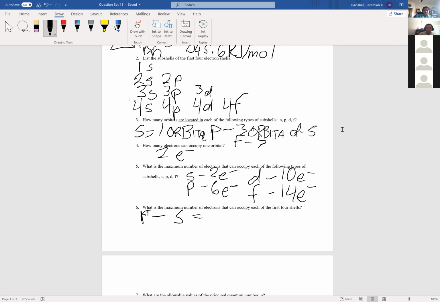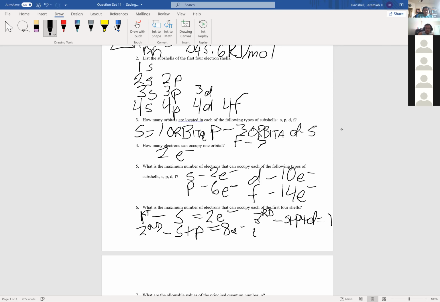2, right? And then for the second one, it has an s and a p. So how many electrons can it have now? 8, okay. And then for the third, 18, okay.